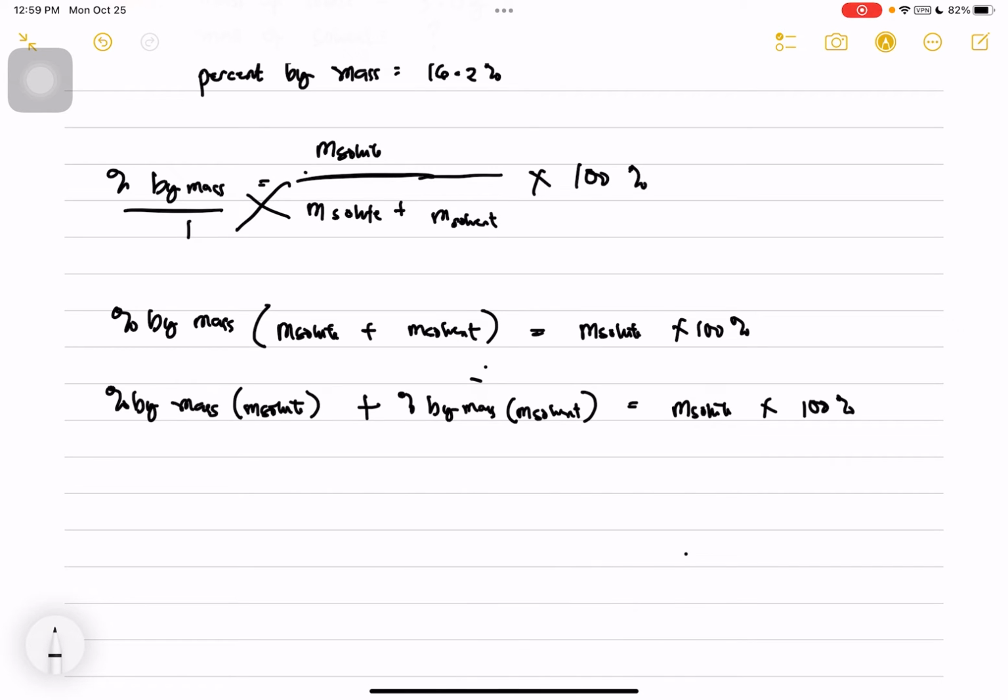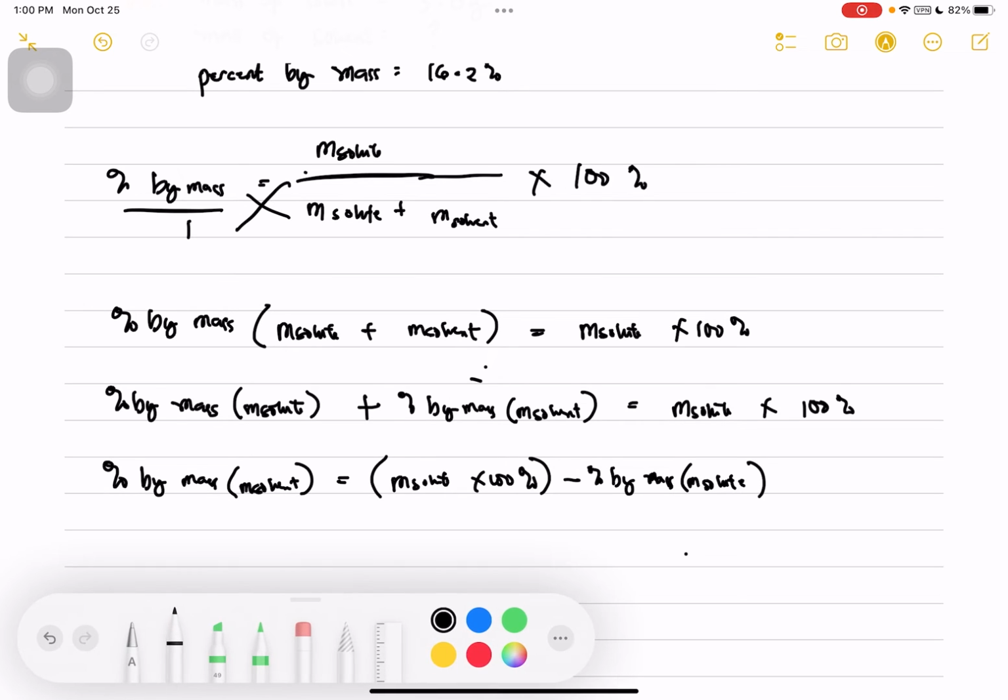To do that, let's move the percent by mass times the m solute to the other side. So we will have percent by mass times m solvent is equal to the quantity m solute times 100% minus percent by mass times m solute.